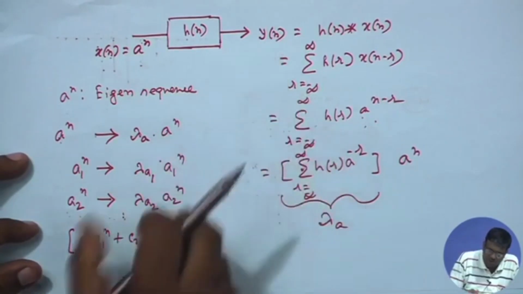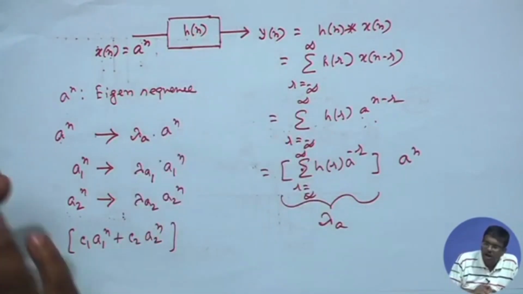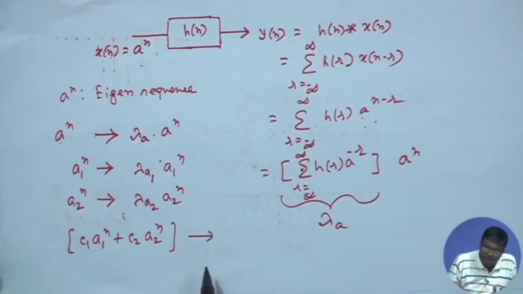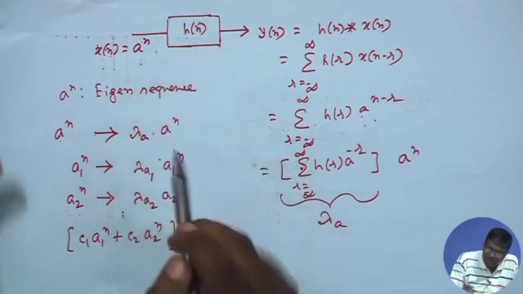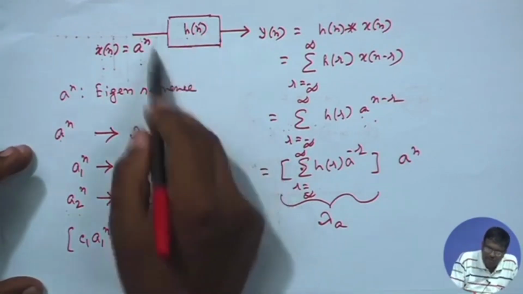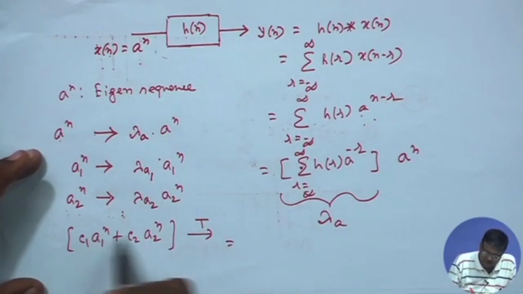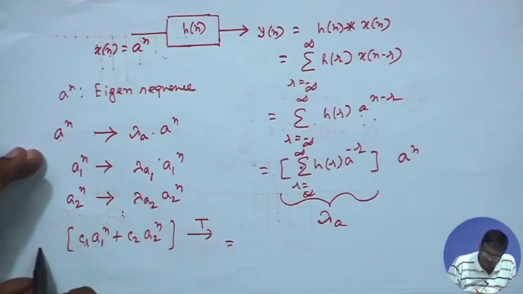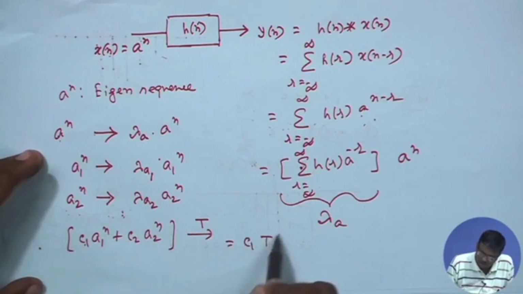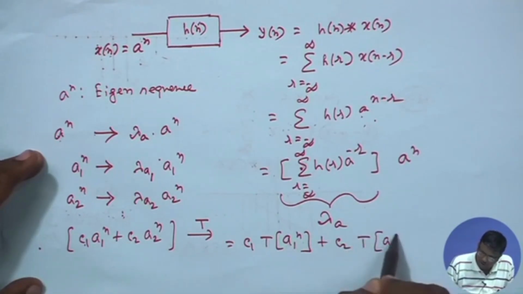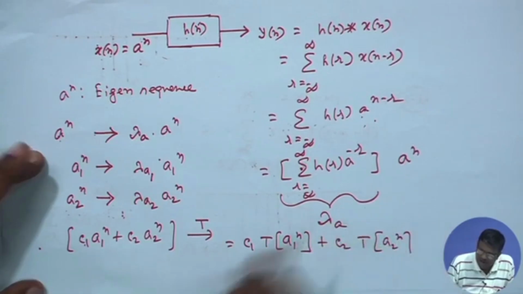If I want to find out, that is, if I want to convolve h with this, I really do not have to carry out the convolution. I know that this is a linear system. So if the operator is T, T working on this will be the response due to this plus the response due to that, because it is a linear system. C1 can go out, T working on a1 to the power n, and c2 can go out, T working on a2 to the power n, and the two responses will be added.